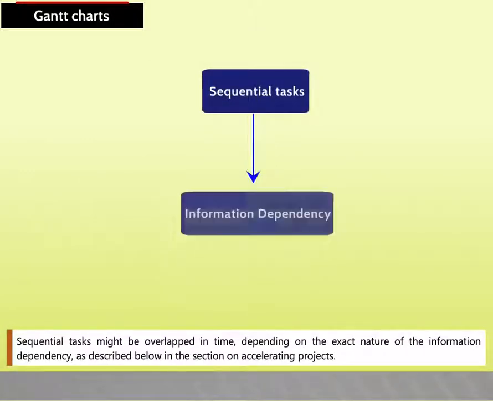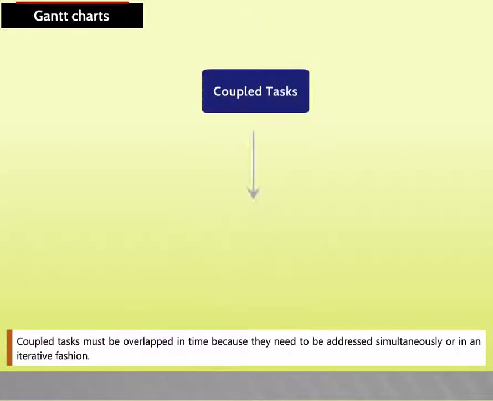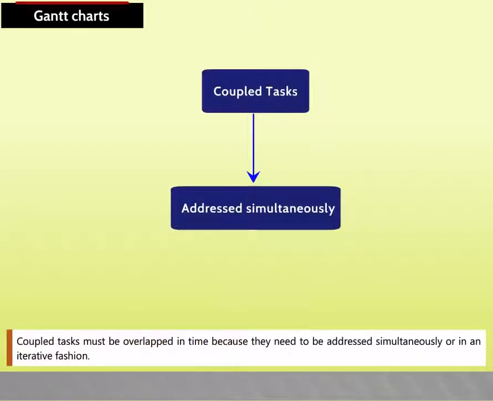Sequential tasks might be overlapped in time, depending on the exact nature of the information dependencies, as described below in the section on accelerating projects. Coupled tasks must be overlapped in time because they need to be addressed simultaneously or in an iterative fashion.